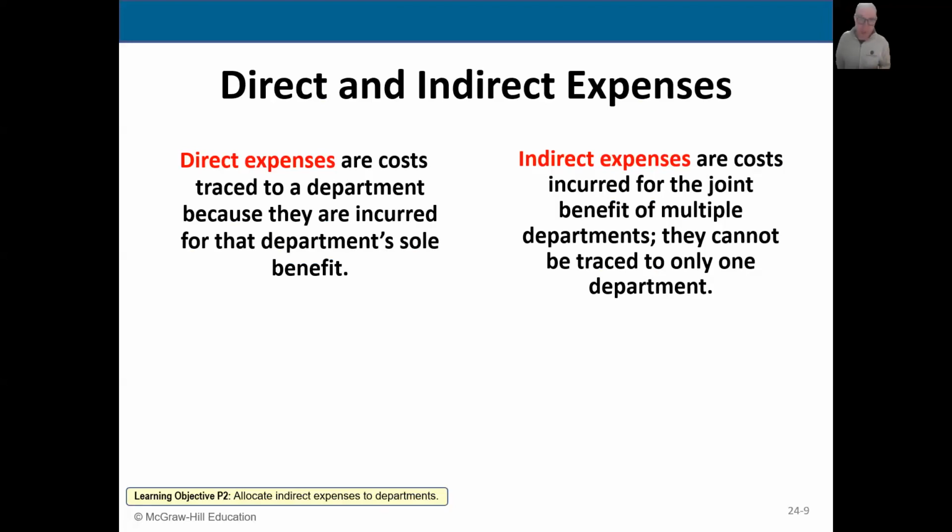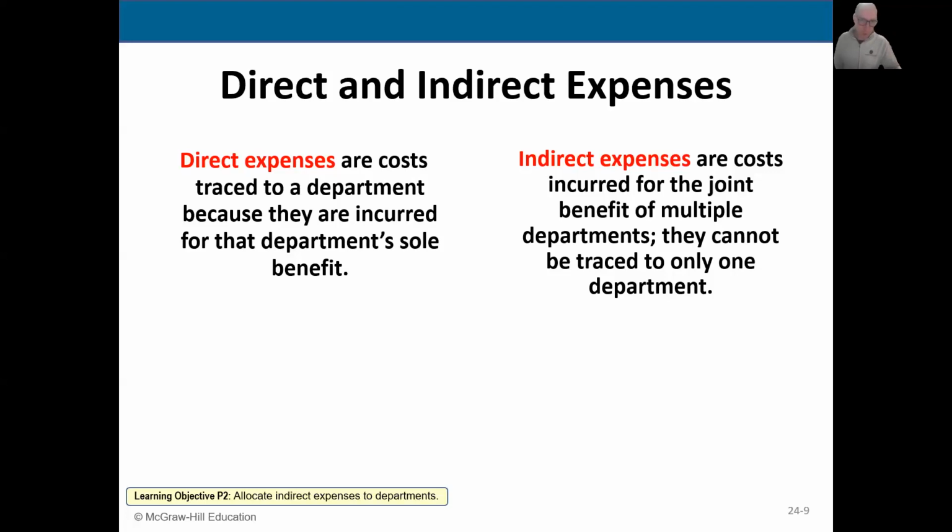Direct cost or direct expense are costs traced directly to the department because they were incurred for that department's sole benefit. Okay, a couple of keywords here.